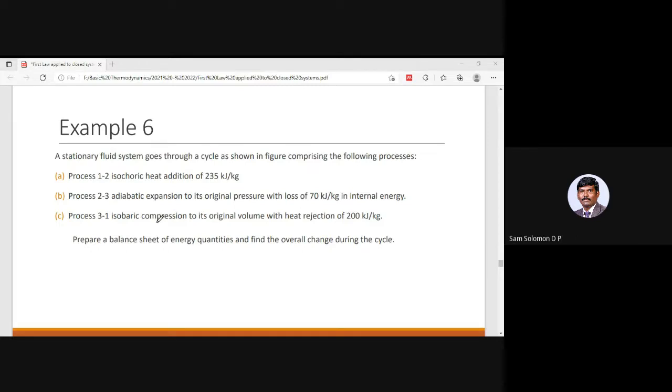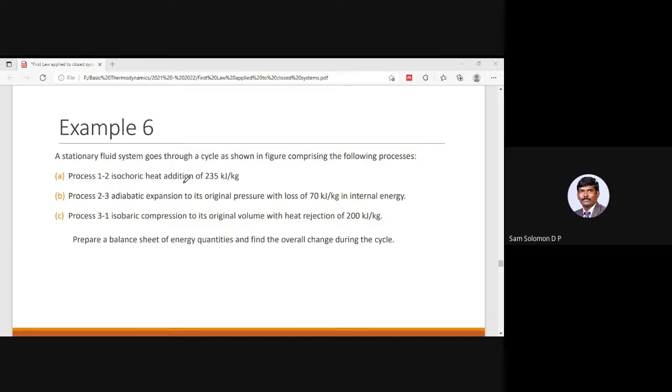Now, what I want you to do is, everyone take your notebook, paper, pencil, and draw this. I don't want you to use a scale and draw it very neatly. Let it be a rough sketch. I want to see how you are doing. I want to know whether you are able to draw this isochoric heat addition. You need to mark state points 1, 2. First, draw it separately.